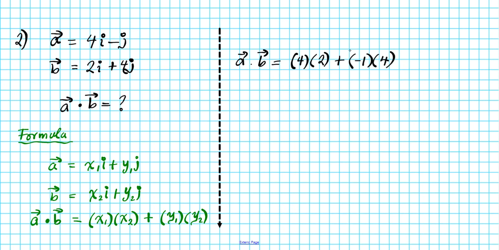Okay, so when we simplify this arithmetic expression, the scalar numeral will be the dot product. 4 times 2 is 8, and negative 1 times 4 is negative 4. 8 plus negative 4 is 4. That shows us that the dot product of A and B, in this case, is simply the scalar quantity 4.